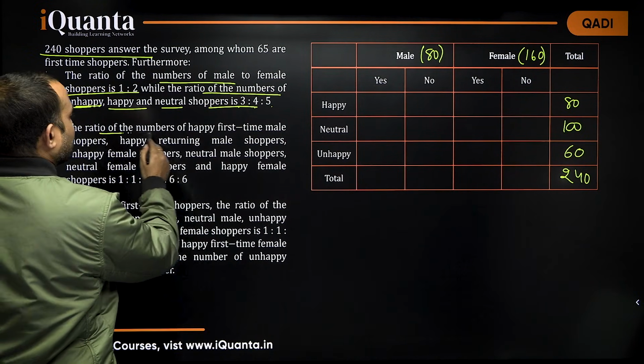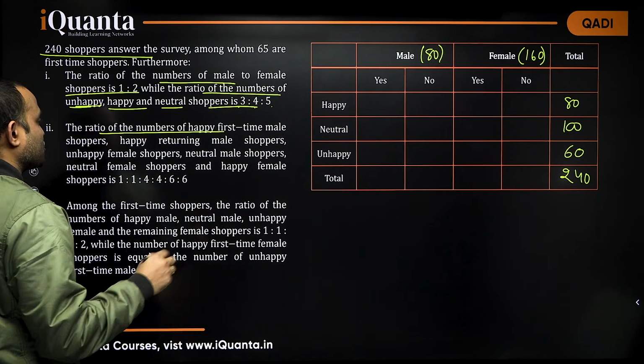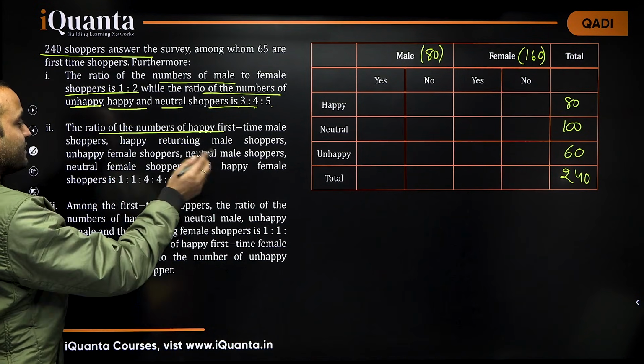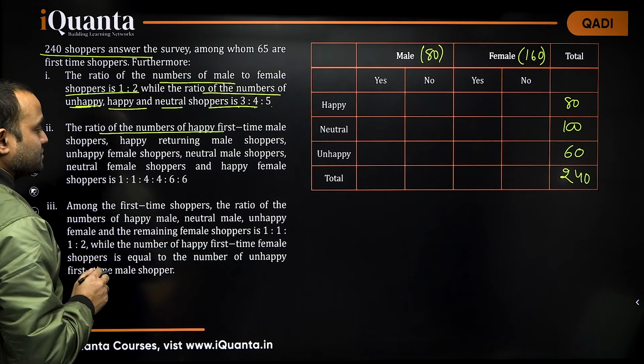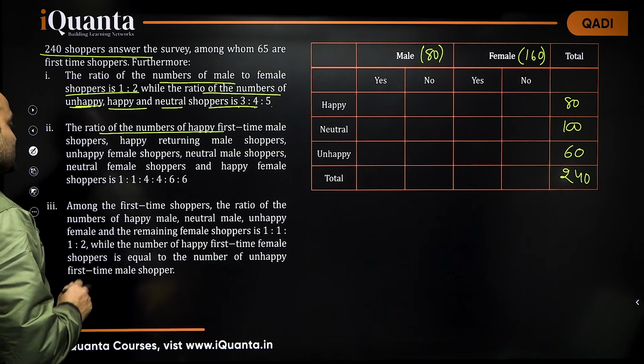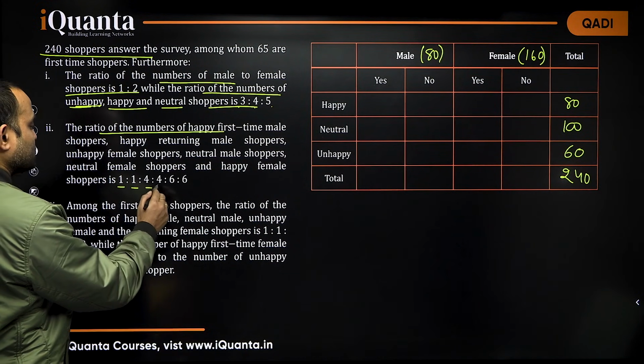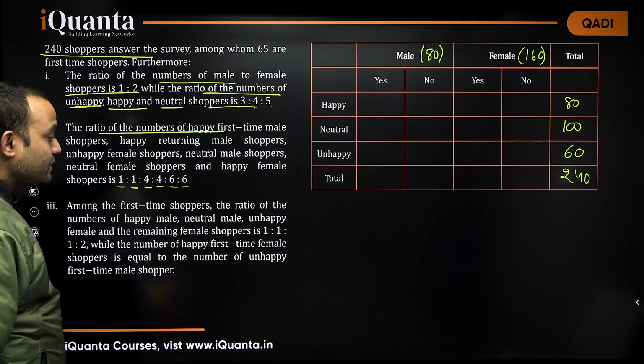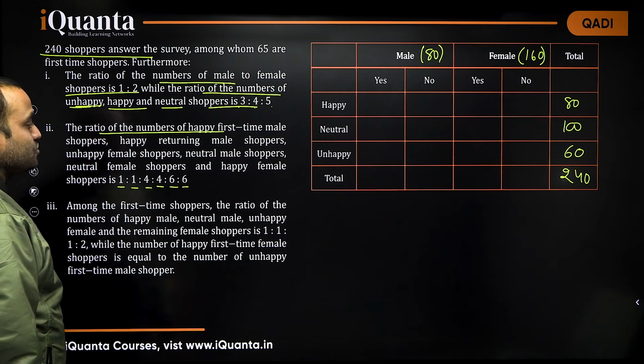The ratio of numbers of happy first time male shoppers, happy returning male shoppers, unhappy female shoppers, neutral male shoppers, neutral female shoppers and happy female shoppers is 1:1:4:4:6:6. Okay. So we need to use the ratio.